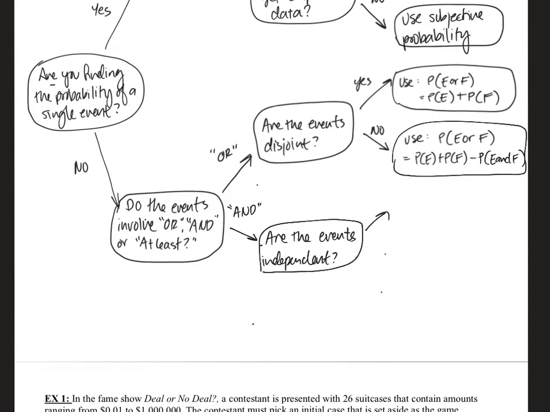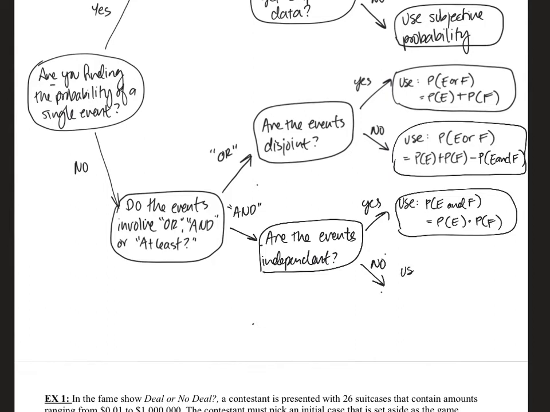Once again, two options, yes or no. Okay, so if yes, we're going to use the probability of E and F, which is going to equal the probability of E times the probability of F. So if our answer is no, they are not independent, then we're going to use the probability of E and F equals the probability of E times the probability of F given E.